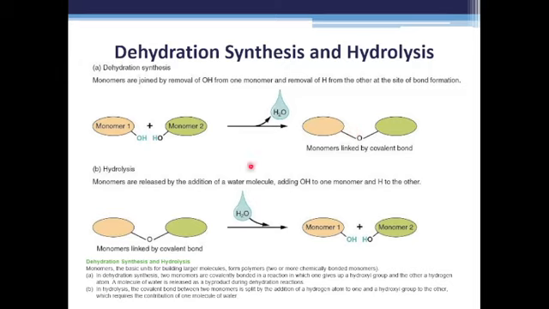This process also builds proteins from amino acids, lipids from fatty acids and glycerol, and nucleic acids from nucleotides. It's not DNA, it's nucleotides rather. Dehydration synthesis is an anabolic process, meaning it builds larger structures and requires energy.